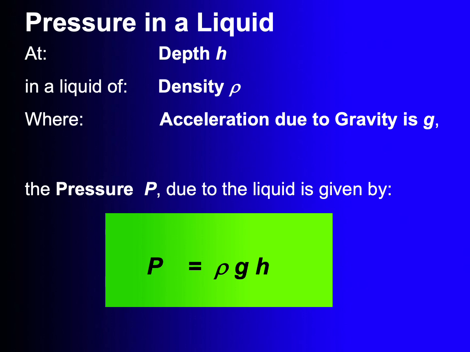So P is equal to rho gh here, where rho is density, g is gravity, and h is a height or a depth in meters.